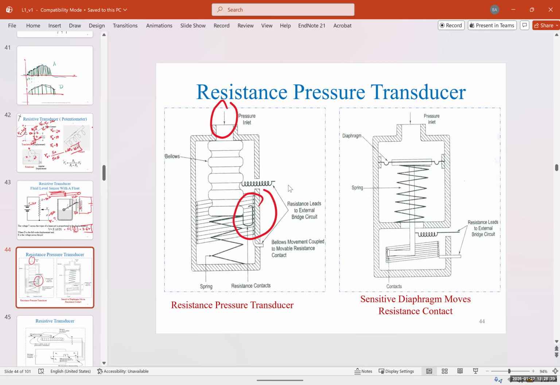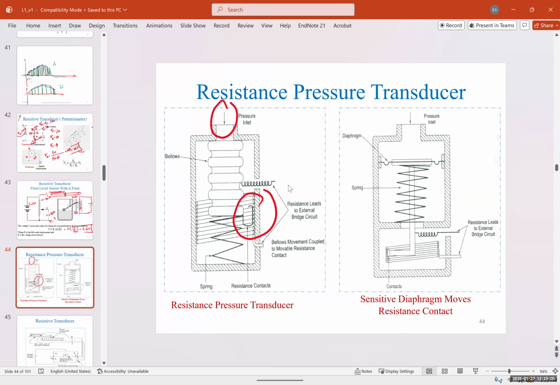This is used in a lot of applications. For example, if you want to measure tire pressure, air pressure in your tire, oil pressure, a lot of applications. The one on the left is mainly used in liquid pressure like oil pressure, and the one on the right is used for measuring air pressure. On the right, again, a different design.